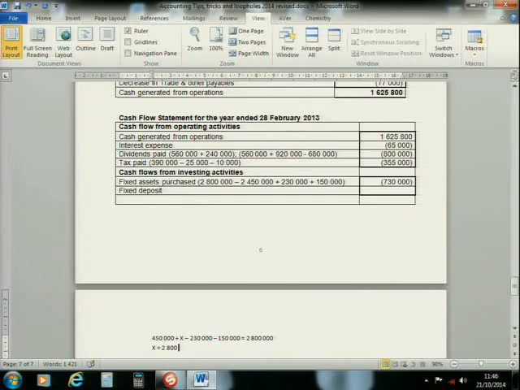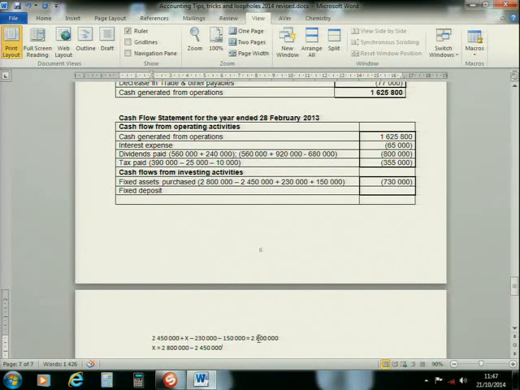2,800,000 minus 2,450,000. This is crossing the equal sign, and when you cross the equal sign, the sign changes.